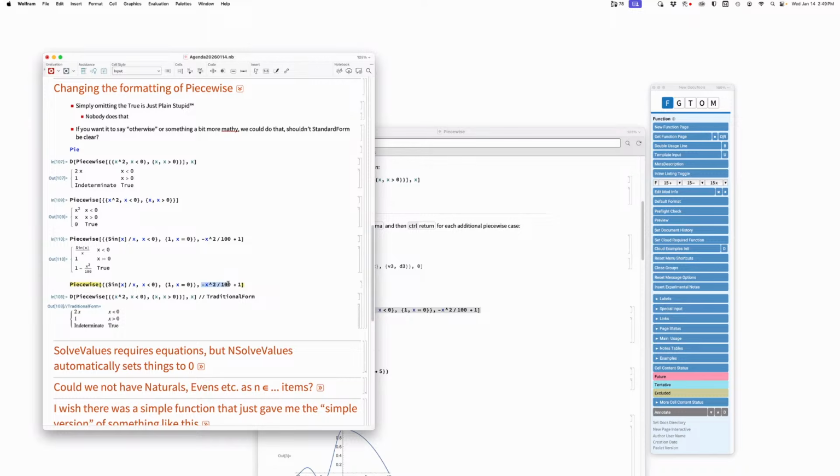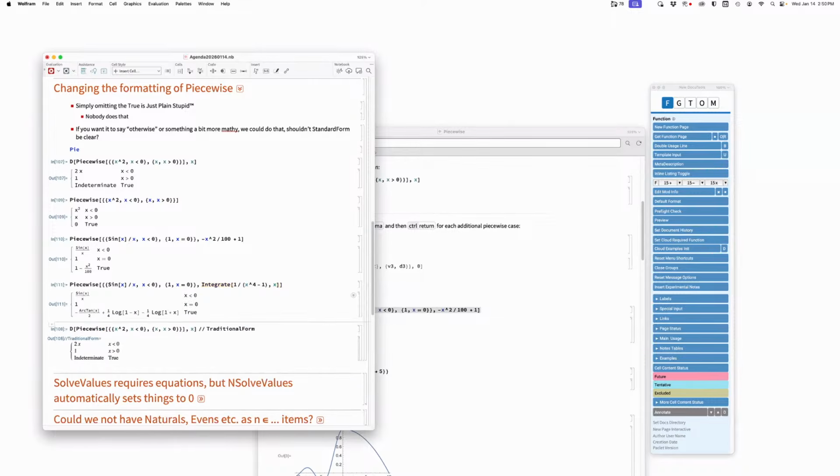I disagree. Nobody does that. Yeah. Okay, but nobody does. We need to fix this. It really is not good. This is very hard to read. It's very hard to read.